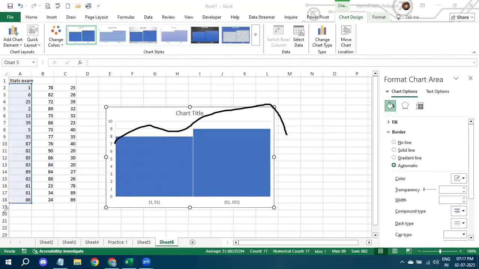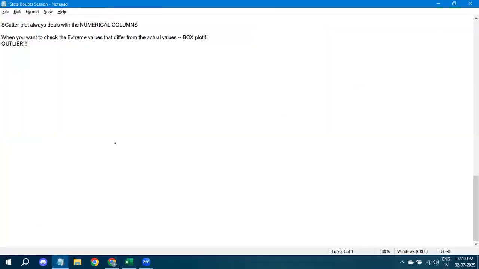Okay, guys, left skewed data means the exam is easy. Whereas right skewed means the exam is tough.